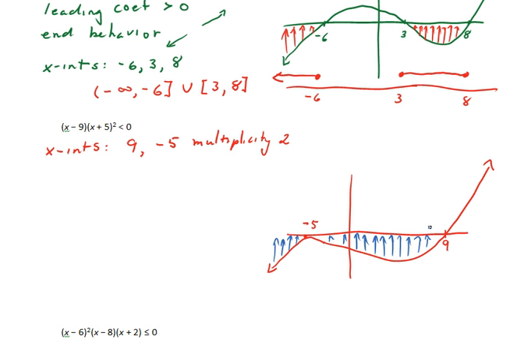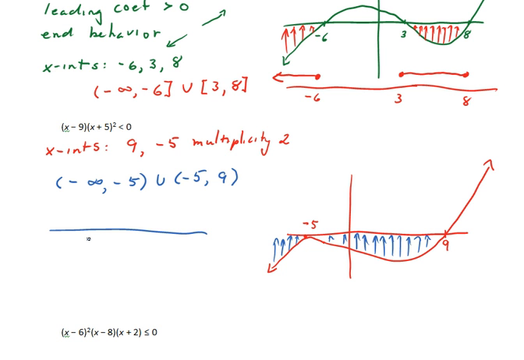The endpoints are not included, so the intervals are from -infinity to -5 union -5 to 9. All open intervals.